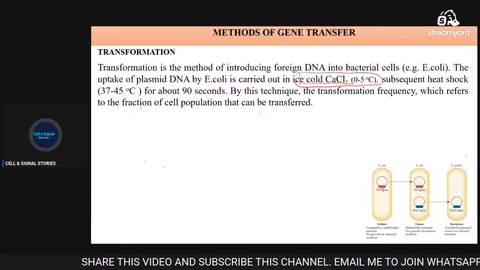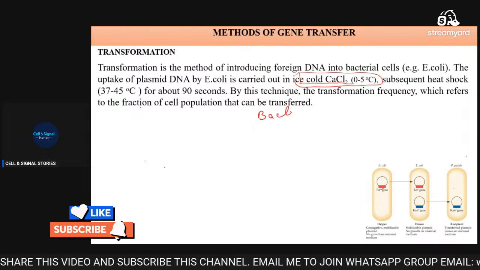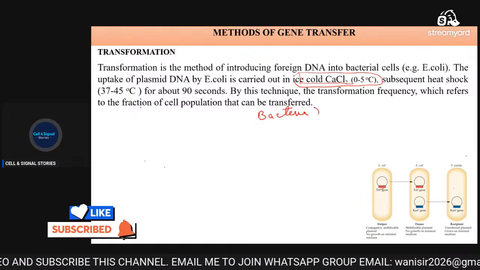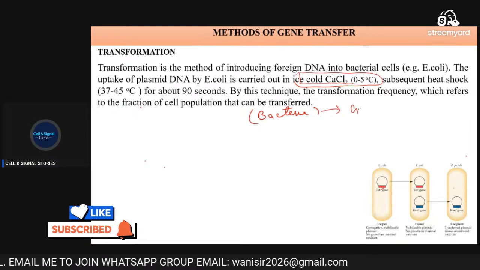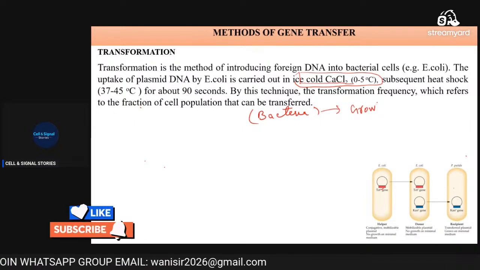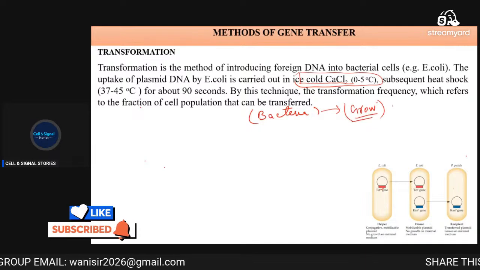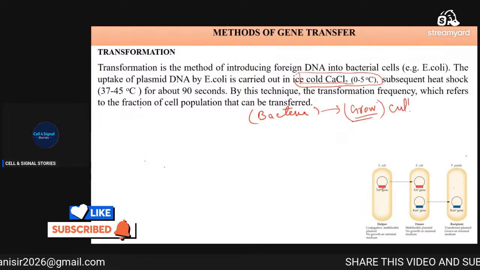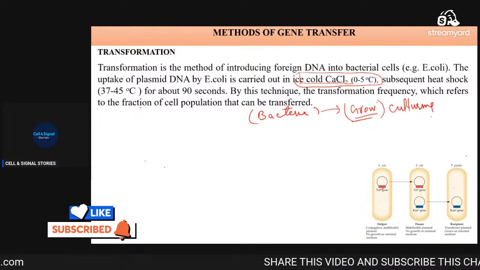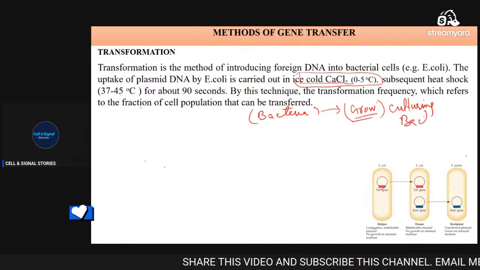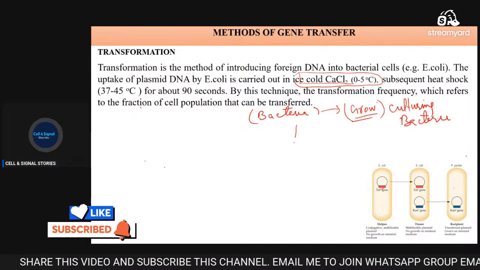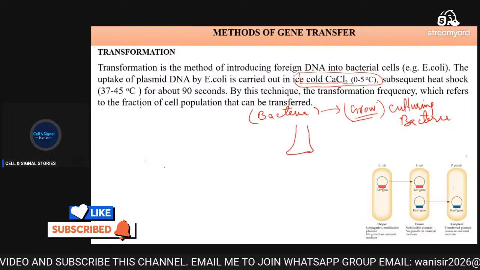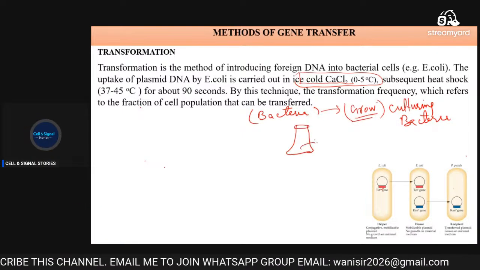So first of all, we need the bacteria. To get the bacteria, we will grow them. That means we will go for culturing of bacteria. The bacteria that are cultured will grow.